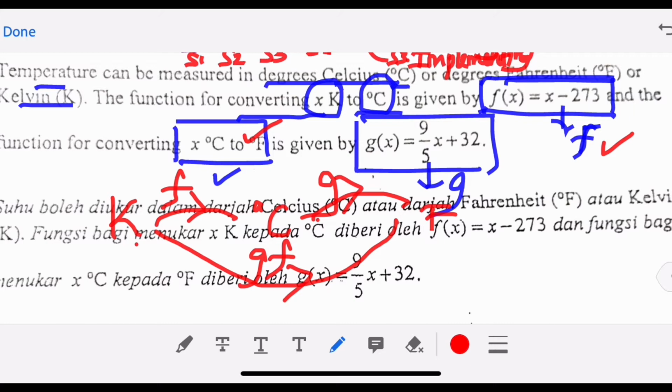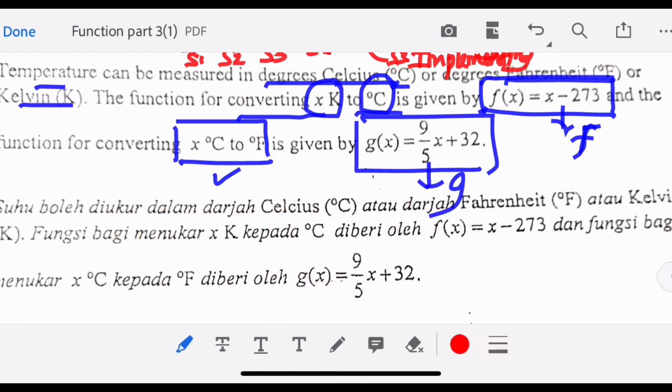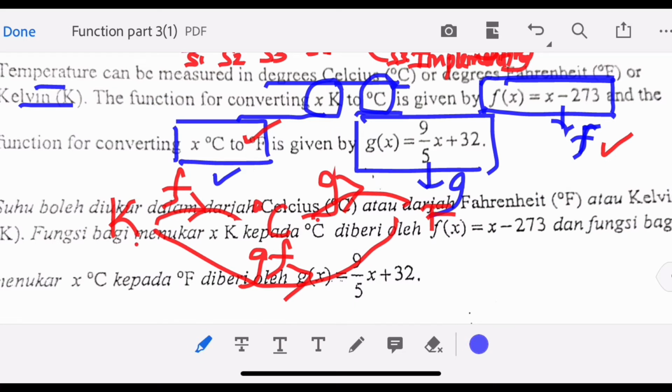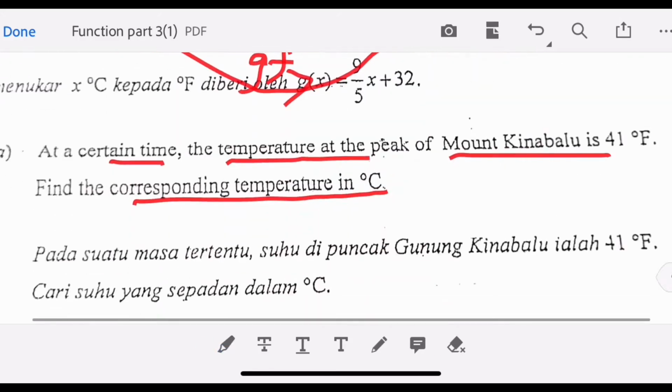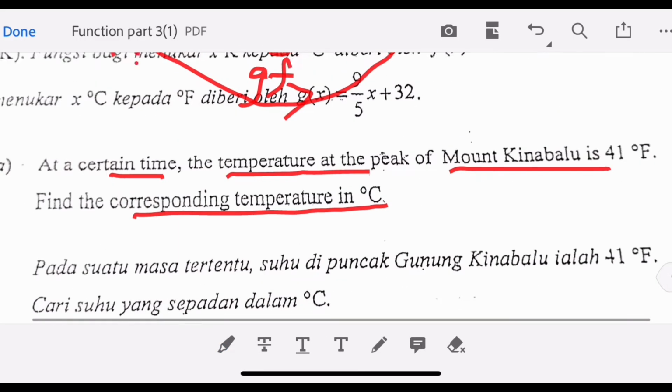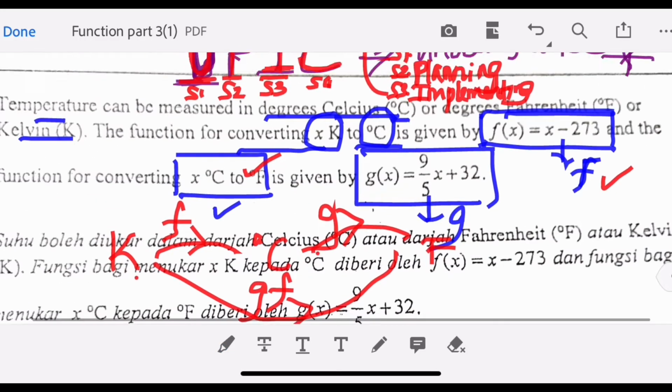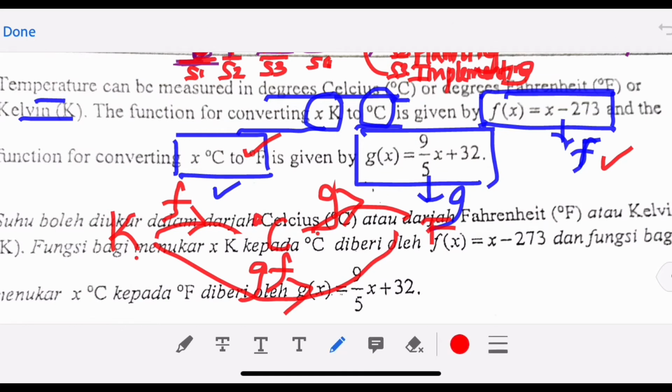Okay, if you want to find the fg, also can, up to you. So if fg, that means you will do another mapping. This is gf. Okay, so now you have the conversion of the Celsius to Fahrenheit.